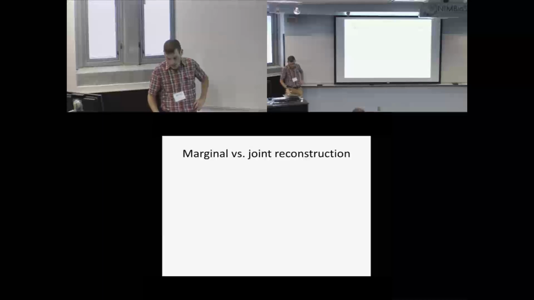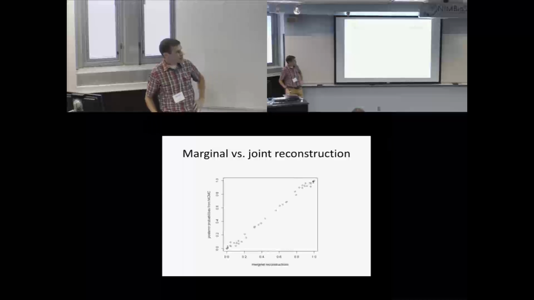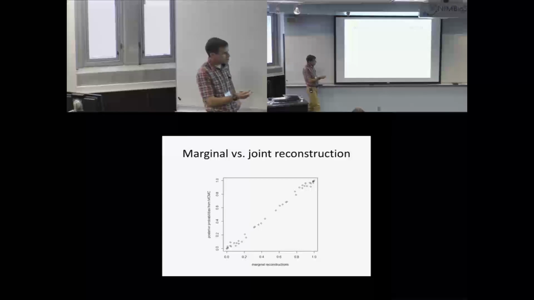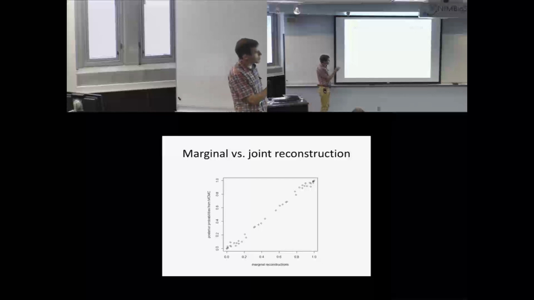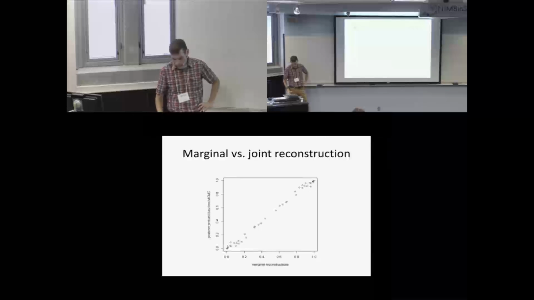And then, because I've talked about marginal versus joint reconstruction, I think it is important to make this distinction: in many empirical cases, here are the posterior probabilities from stochastic character mapping, and here are our marginal reconstructions, and under the same model they're tightly correlated.